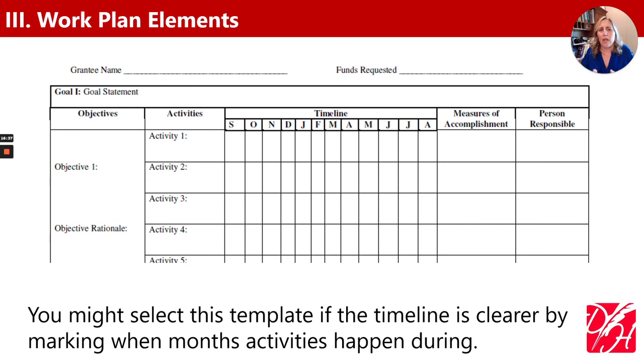As you look at these two templates and the theory about why you would pick one versus the other, if the project or program you're applying for is going to be looking for grant funding again in the future, and you encounter a grant maker, an opportunity where they want a work plan, but they don't have a specific template required, you might fall back on something like this that you found did a great job of helping you represent and present your work plan in a way that made it easier for the reviewers to digest.